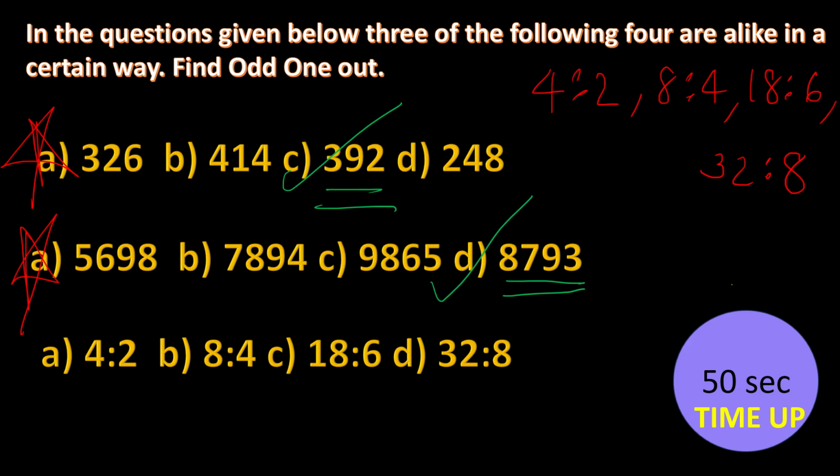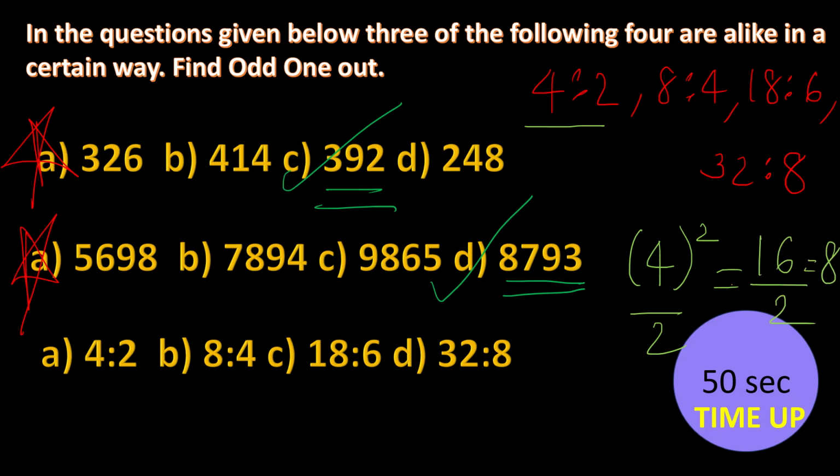So they have taken the first digit square, that is 4 square, and they have divided by the second number, sorry, they have divided by 2. Okay. So 16 divided by 2 should give you 8, but it is giving you 2 as the answer. So this becomes the odd one out actually.